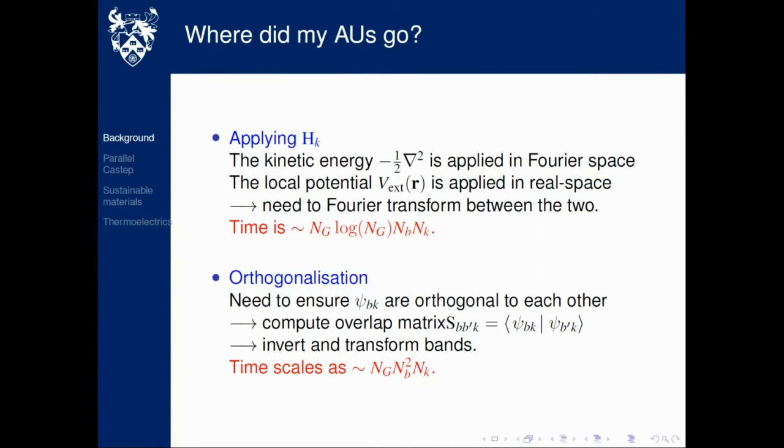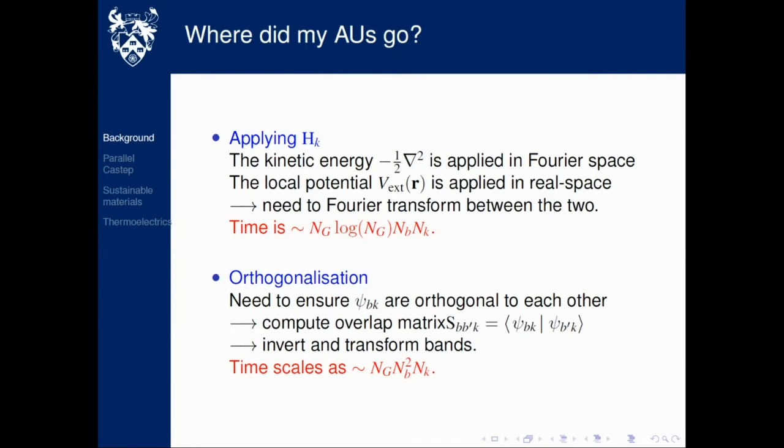So to make sure that the states stay distinct, we enforce that they are orthogonal to each other. And the normal way of doing that is if you have a set of approximate states, you compute their overlap matrix and you invert it to make sure that they all have zero overlap with each other. And the time to do that scales as the number of plane waves each state has for each pair of states, which means the number of states squared.